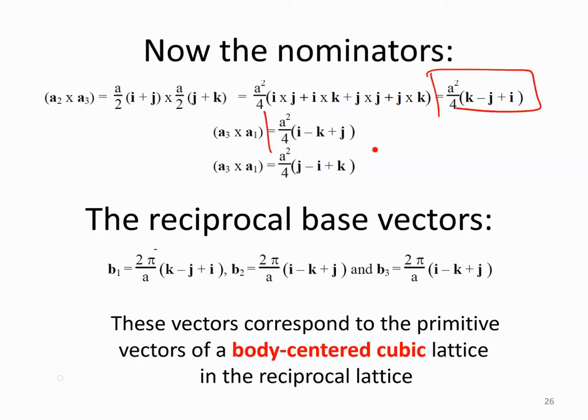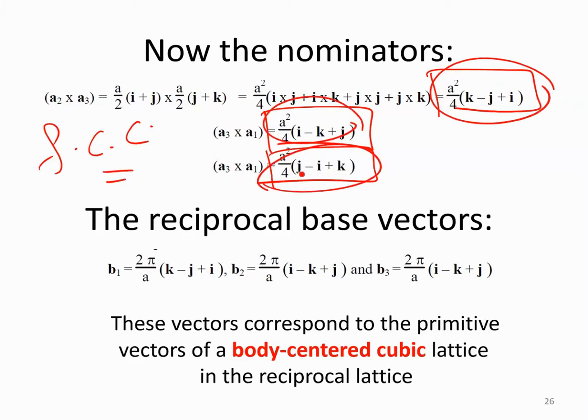this one, and this one. Okay, so the reciprocal lattice for the face center cubic is equal to this one, and this one. So the reciprocal base vector is these 3.